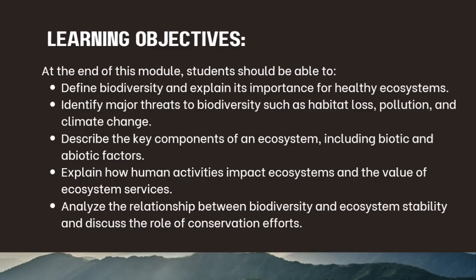Another is to describe key components of an ecosystem, like biotic and abiotic factors. Next is to explain how human activities impact ecosystems and the value of ecosystem services. And lastly, to analyze the relationship between biodiversity and ecosystem stability and discuss the role of conservation efforts.